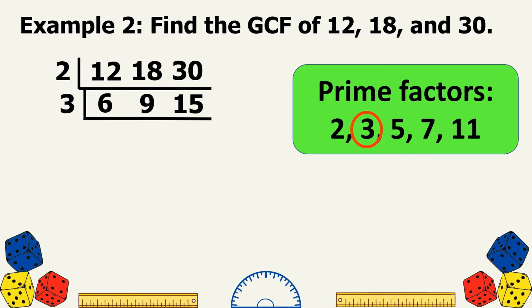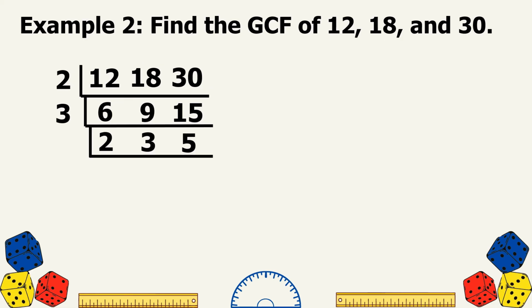So we will use it as our divisor. Then let's make another L shape for the answers. Now let's continue with division. 6 divided by 3 equals 2. 9 divided by 3 equals 3. 15 divided by 3 equals 5.